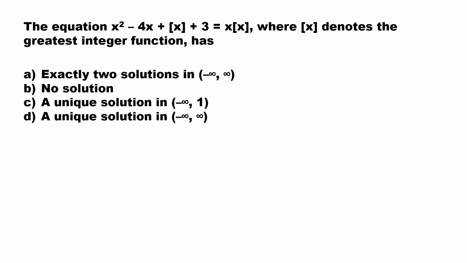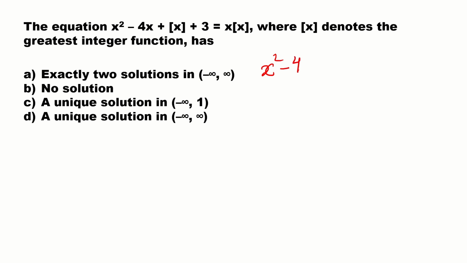Next question. x square minus 4x plus greatest integer of x plus 3 equals x times greatest integer of x. Then we need to find if it has exactly two solutions in real numbers, no solution, a unique solution in minus infinity to 1, or a unique solution in real numbers. So you have to solve this equation to understand the solutions.